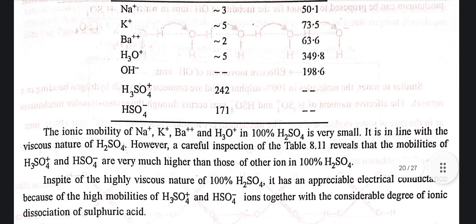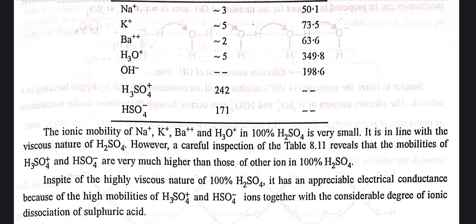The ionic mobility of Na positive, K positive, Ba double positive and H3O positive in 100% H2SO4 is very small. It is in line with the viscous nature of H2SO4. However, a careful inspection reveals that the mobilities of H3SO4 positive and HSO4 negative are very much higher than those of other ions in 100% H2SO4.